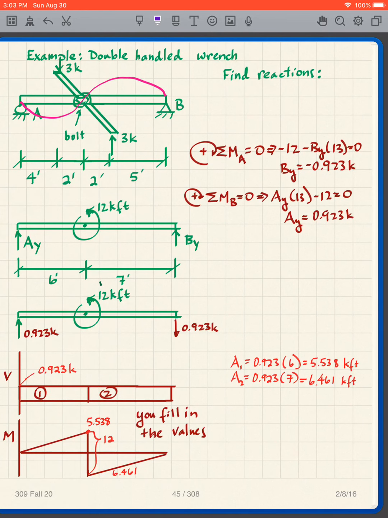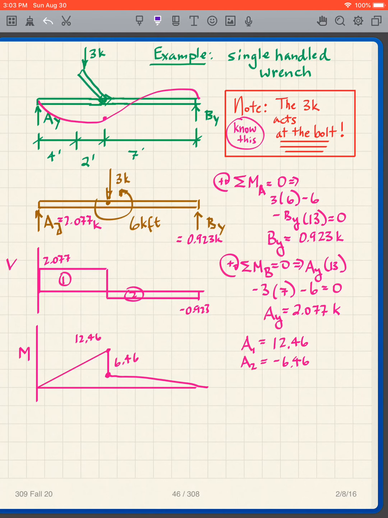Here is the answer. You should pause the video and do it. It takes just a couple seconds, and so I get area 1, I get area 2, go up area 1, then what? It's counterclockwise. I drop down. We've done this one, so go ahead and take a look at it.